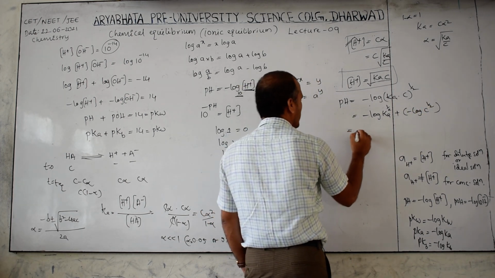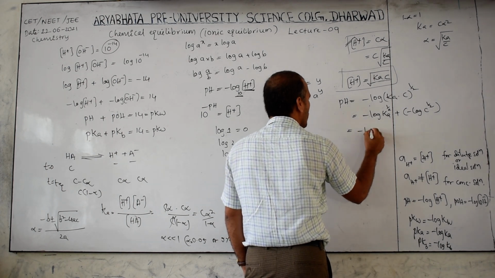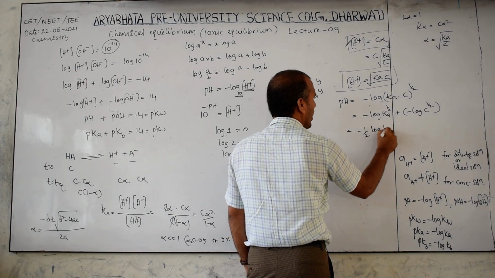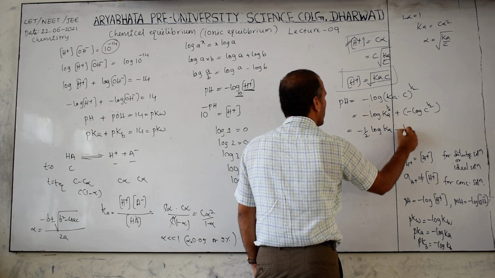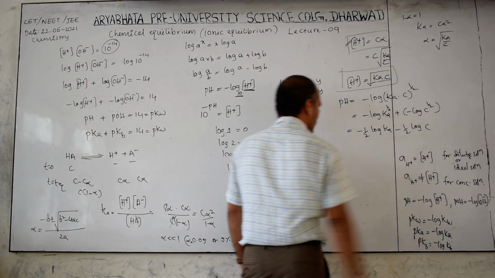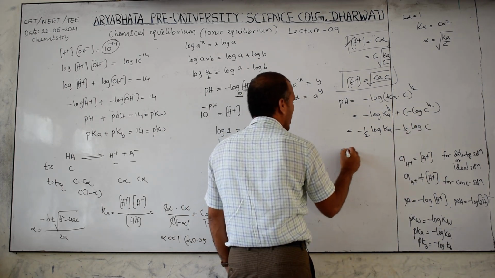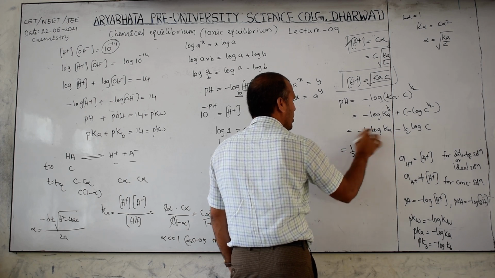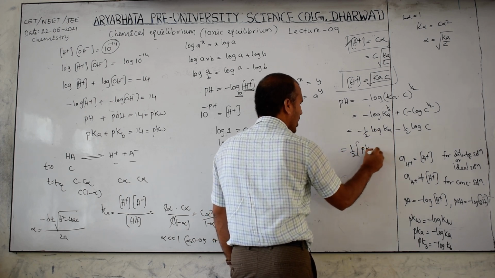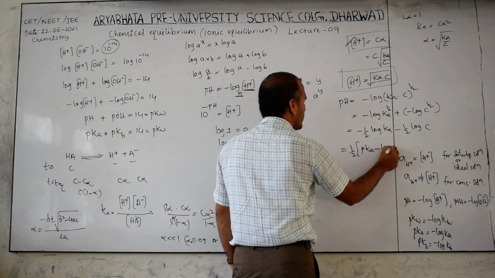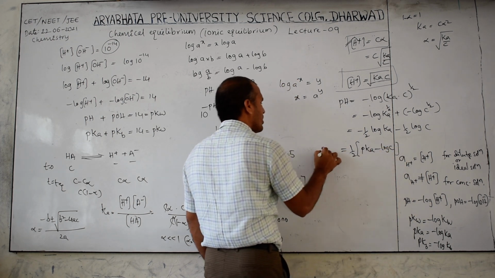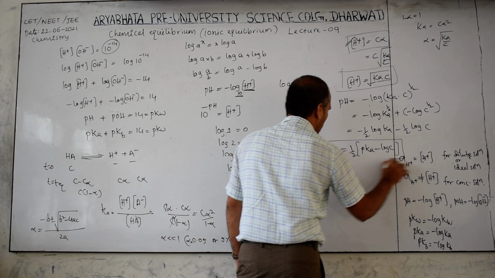This becomes minus 1 by 2 log K minus 1 by 2 log C. Taking 1 by 2 common, negative logarithm of K is known as pKa, so pH is 1 by 2 of pKa minus log C. Like this, they will directly ask the formula in the examination.